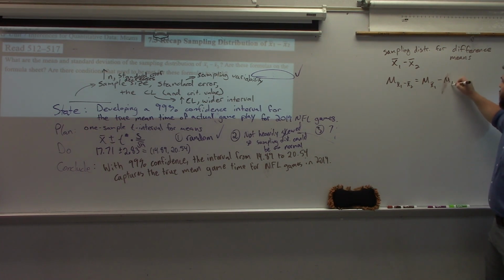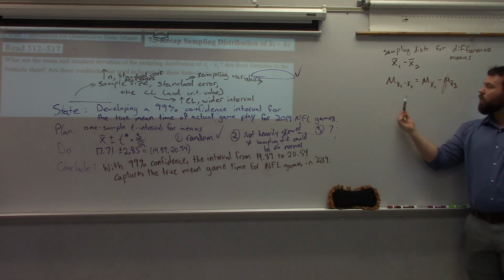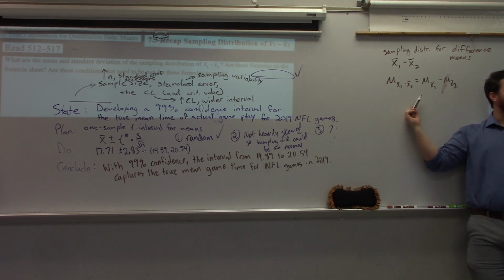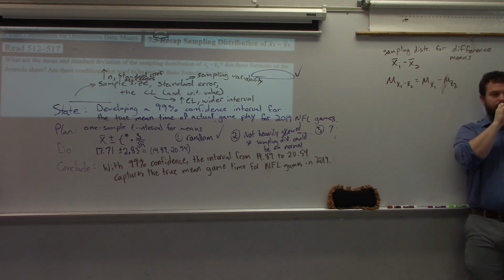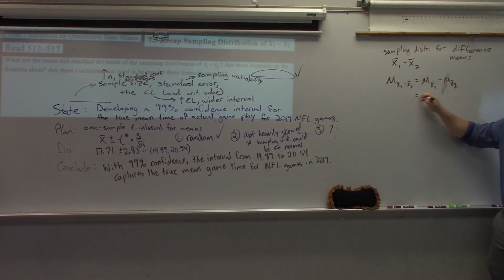And so remember, we've studied this in the past, where we are combining 2 random variables through subtraction. It's just the difference of the 2 means. But what is the mean of the sample mean 1? It's not the x bar, because remember, the mean of all the sample means is the population mean.